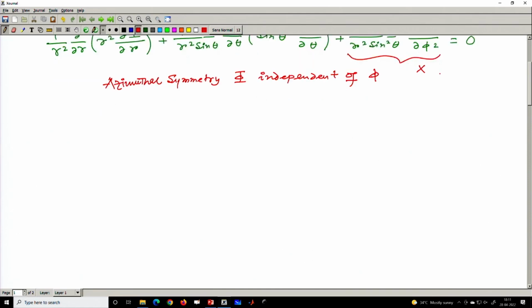So eventually, let us write the differential equation.